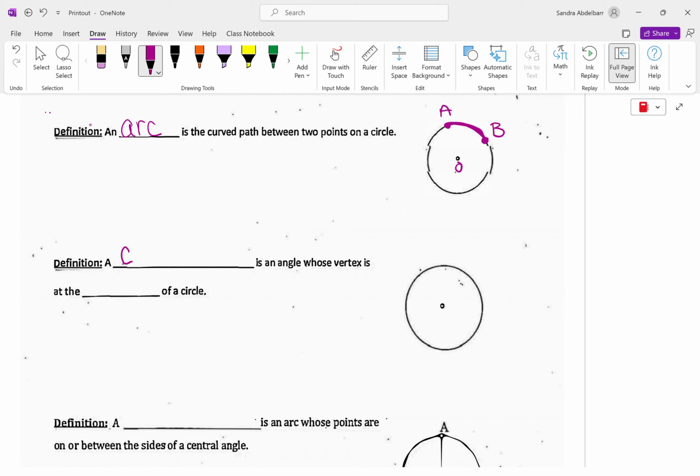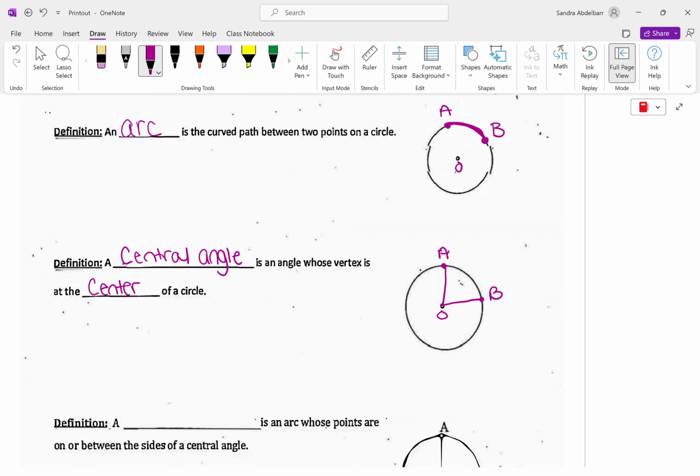A central angle is an angle whose vertex is at the center of a circle. So let's say I have angle AOB.